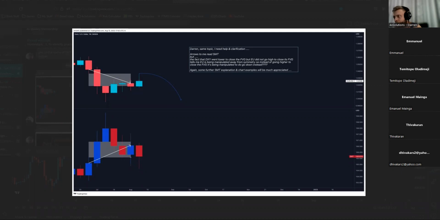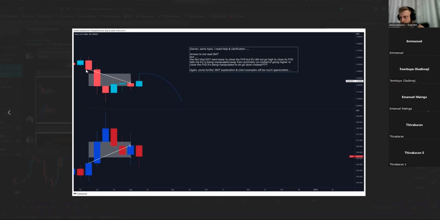So instead of going higher to close the fair value gap, it's being manipulated to go down instead. Again, some further SMT explanation and chart examples will be much appreciated. So, okay, we just addressed this elephant in the room here.